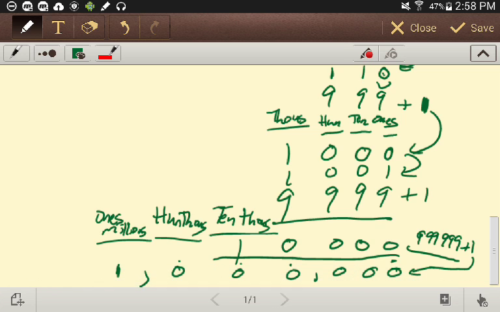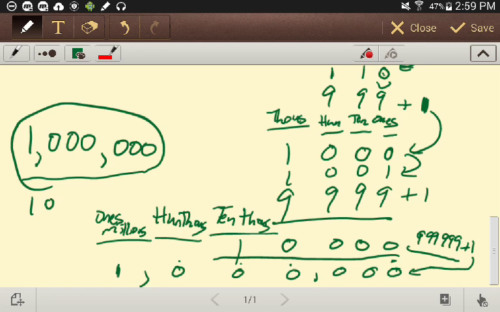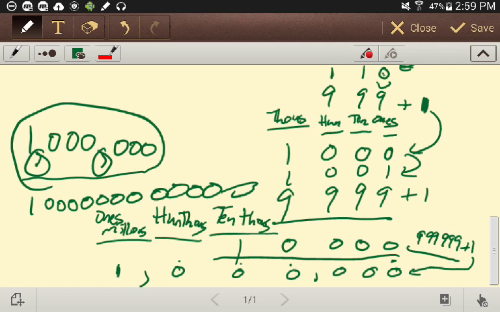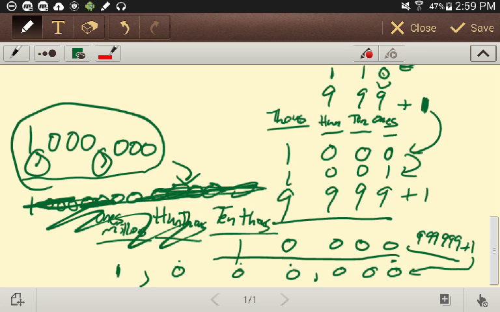So 1 million is going to be written 1,000,000. And the commas just make it easier to read, because isn't this easier to read than this? Oh no, I might end up putting way too many zeros. Yes, and that is why we use commas, so we don't accidentally add too many zeros. And that is how we work with our places.